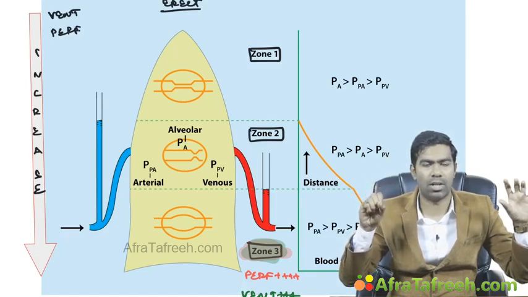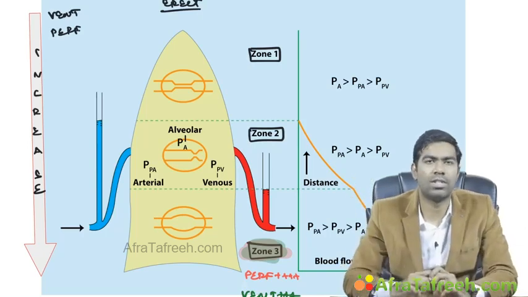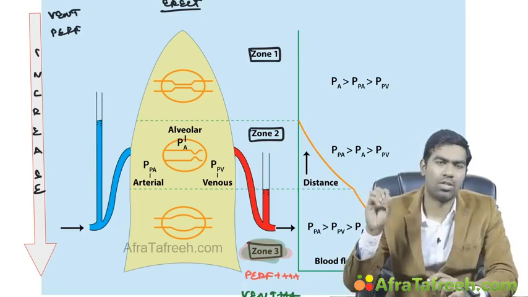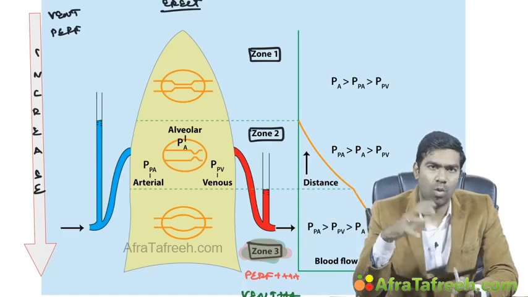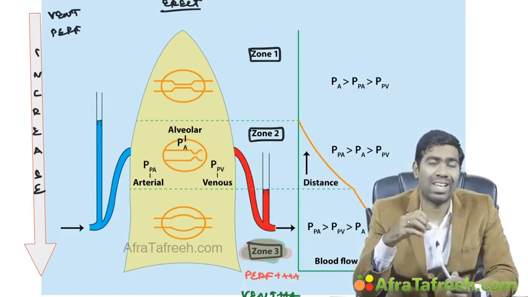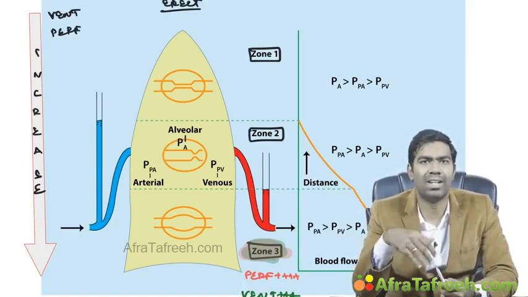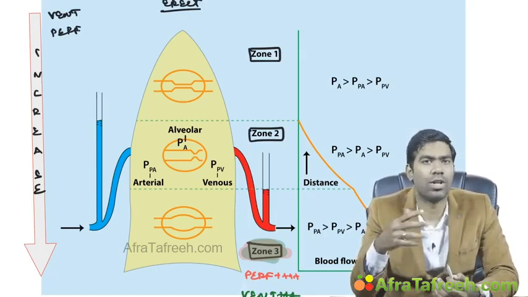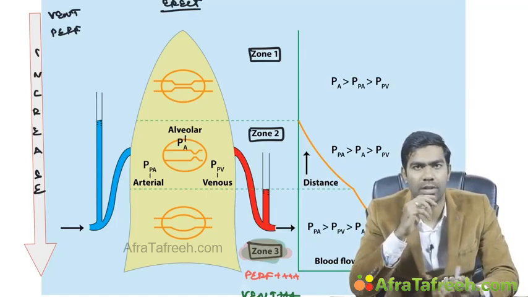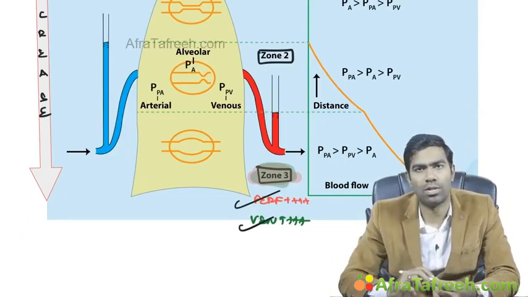You can see now comparing together, which do you think is having more ventilation? Zone 3, which means zone 3 is the one that collapses more during expiration and expands more during inspiration, which means the movement of air in and out of the alveoli is more in zone 3. And that's what we're going to call ventilation. Clear? So that's why I'm telling you ventilation is also more and perfusion is also more in zone 3.